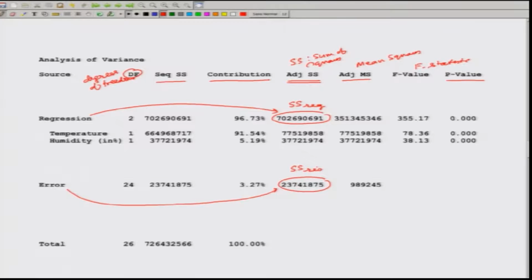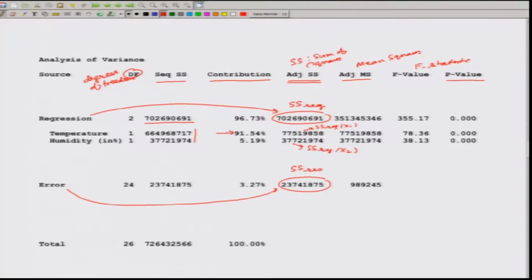Now the software is also dividing this sum of squares due to regression into two components, which is the sum of squares due to regression due to the variable x1, and the sum of squares due to regression due to the variable x2. Right. And here also you can see this is the sequential sum of squares, which they have again divided into two components due to x1 and due to x2, and they are using it in understanding the contribution of x1 and x2 in the regression sum of squares.